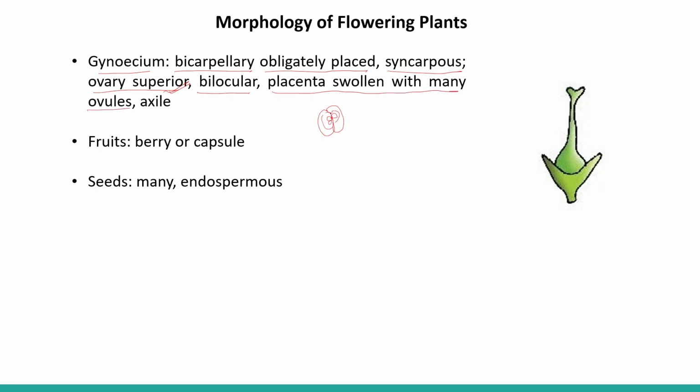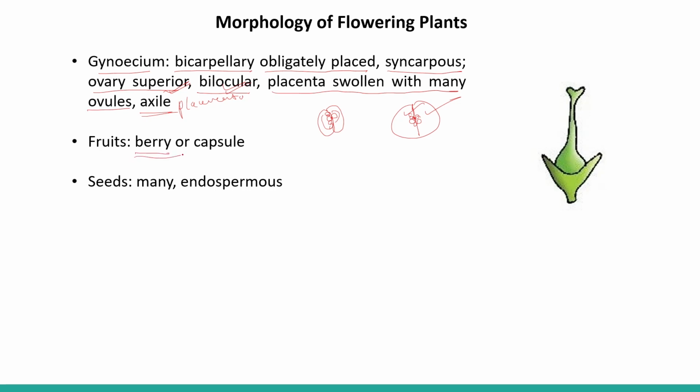So you can see many ovules here. And axile placentation. So this is showing the axile placentation. Two locules, bilocular ovary.